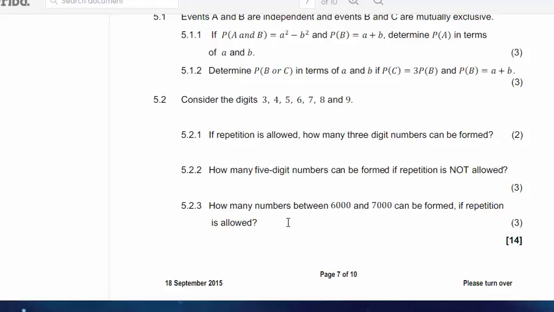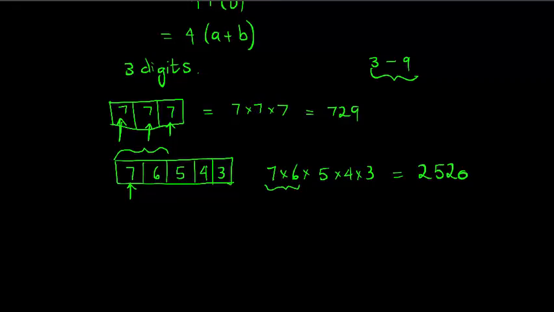Okay, how many numbers between 6,000 and 7,000 can be formed if repetition is allowed? Okay, now guys, notice what this is. It's got nothing to do with the values. What it's got to do with is the digits.